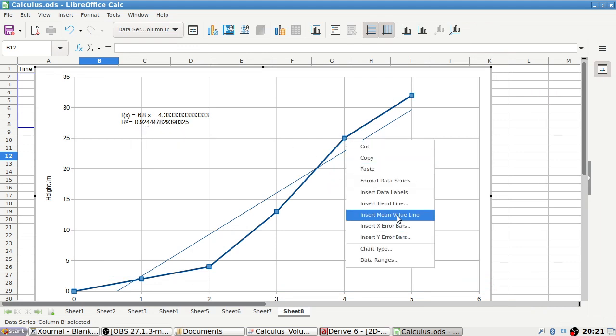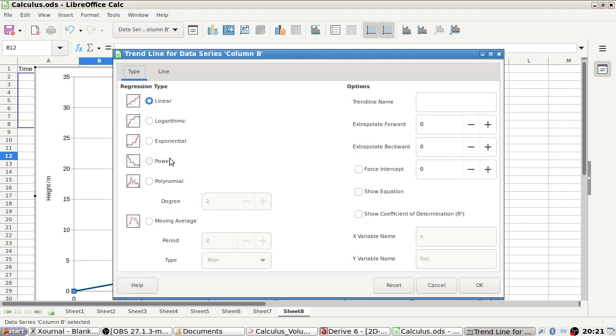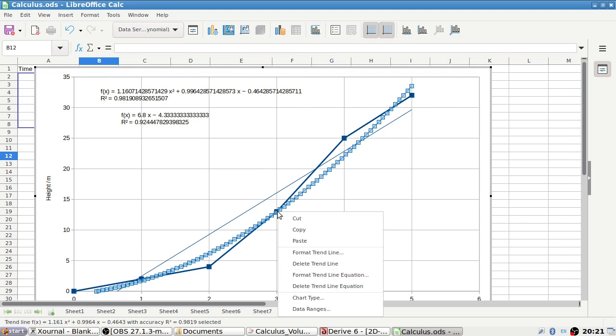Okay. And then let's see the quadratic. Oh, I can show both on the same graph. Okay, I didn't know I could do that. The quadratic is 98% fit. So let's have a look here.